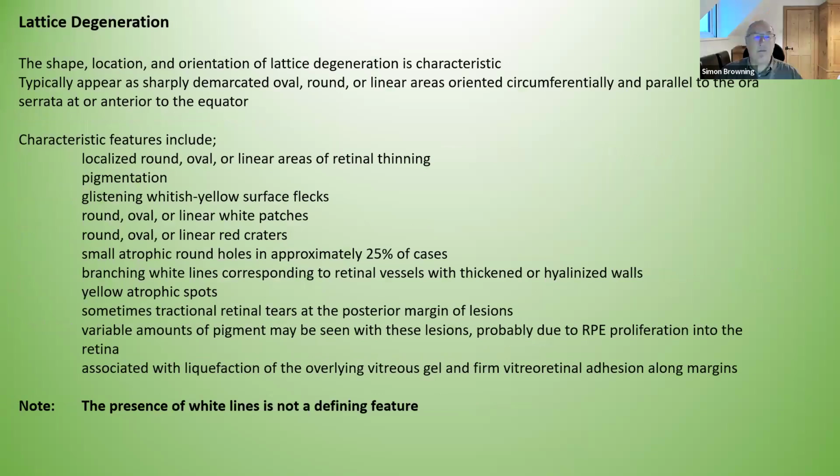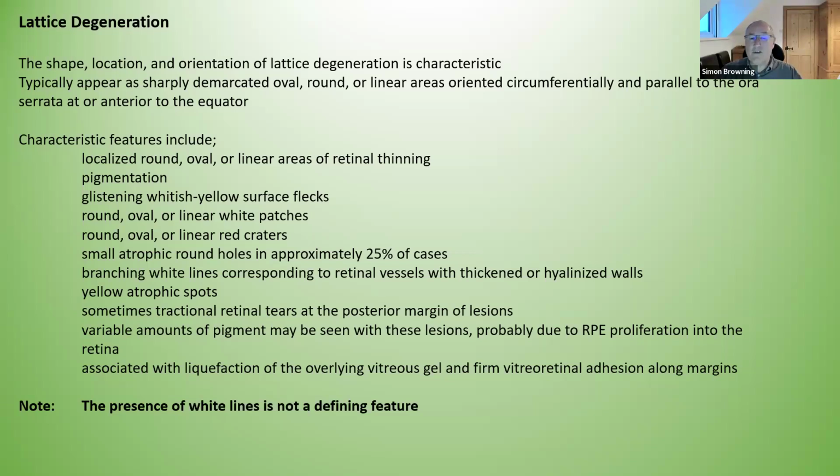So let's go back to lattice because of the association with myopia. The characteristic features include localized round, oval or linear areas of retinal thinning, pigmentation, glistening surface flecks, round, oval or linear white patches, round, oval or linear red craters, small atrophic round holes, and branching white lines corresponding to the retinal vessels, which have thick or hyalinized walls.